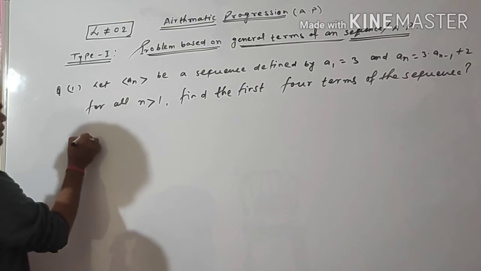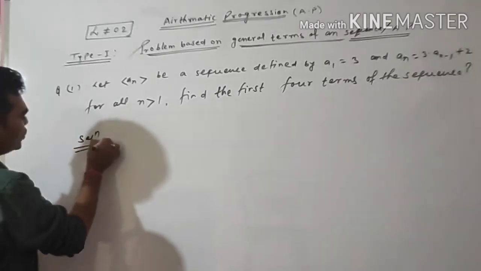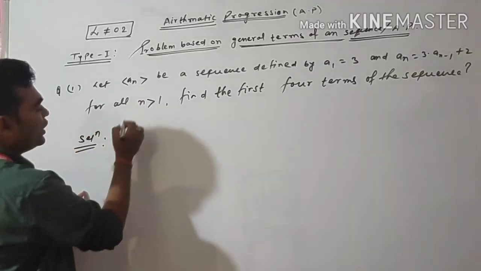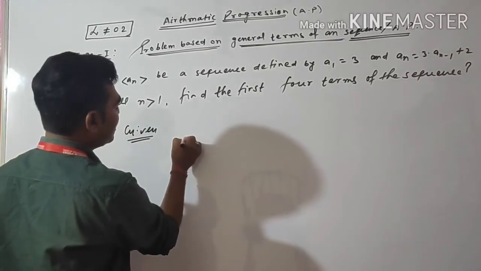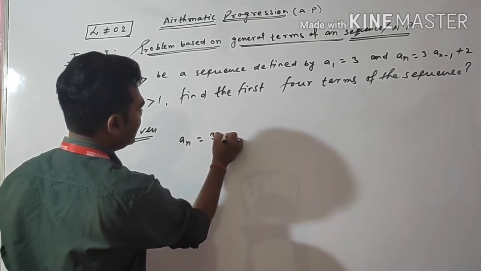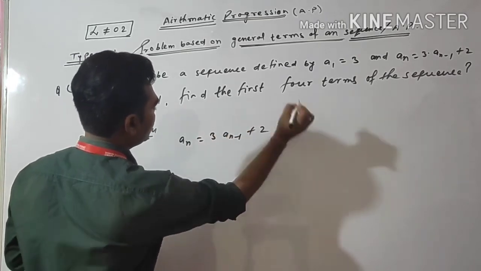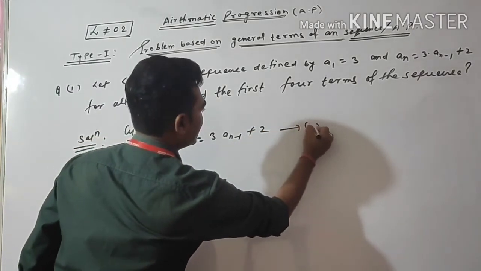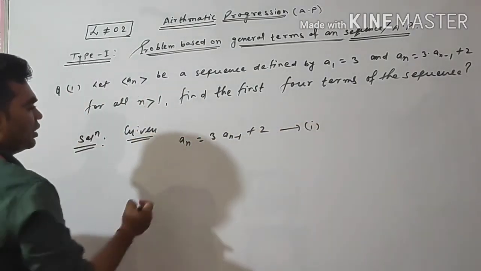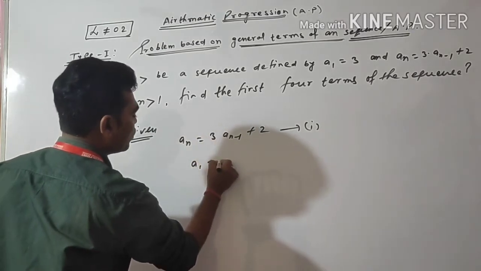The solution is, at first we write the given nth term: an equals 3 an minus 1 plus 2. Let this be equation number 1, and a1 is equal to 3.